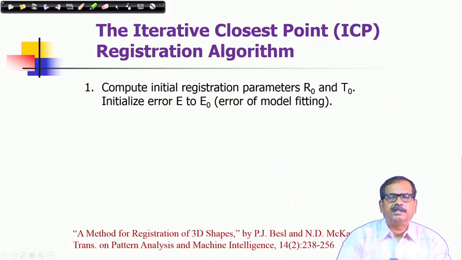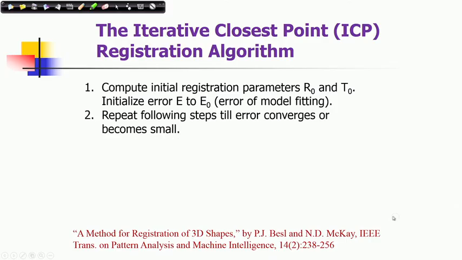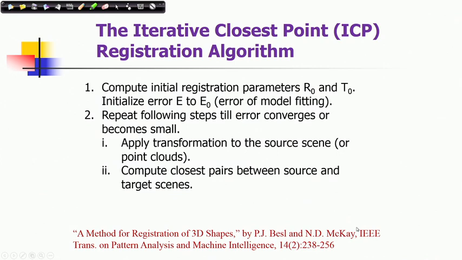First it computes initial registration parameters, denoted as R naught and T naught, and then we perform the steps iteratively in this way: apply the transformation to the source scene or point cloud, and compute the closest pairs between source and target.